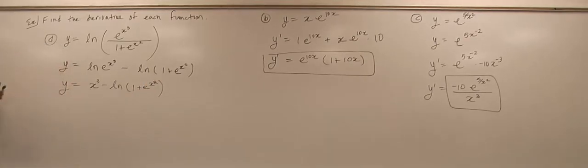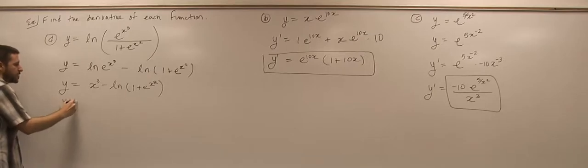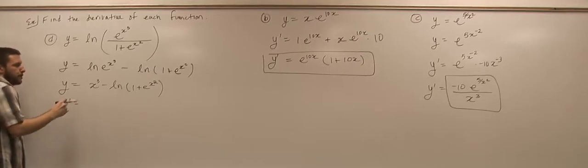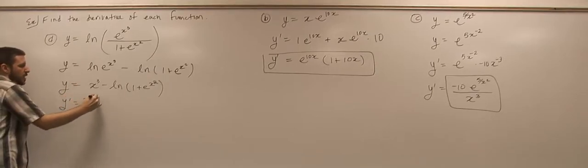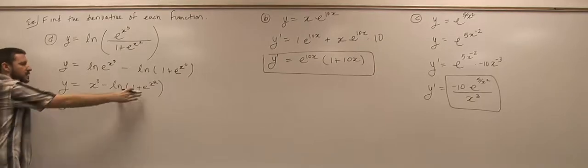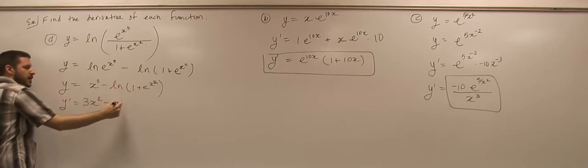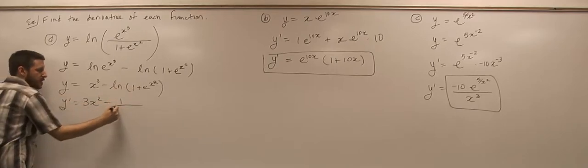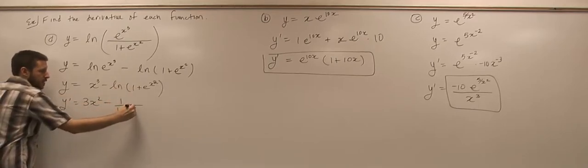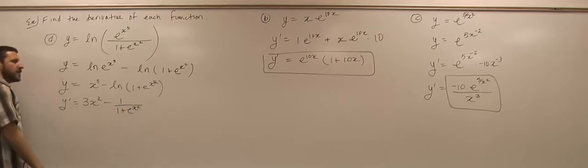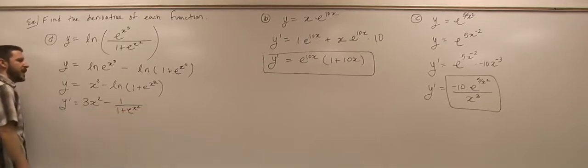So now that I've done some simplification, the derivative looks a little bit easier. This guy's going to become 3x squared. Minus, okay, so now we'll use our natural log rule. The way you do derivatives of natural log is you put 1 over whatever's inside, but then you have to multiply by the derivative of the inside.